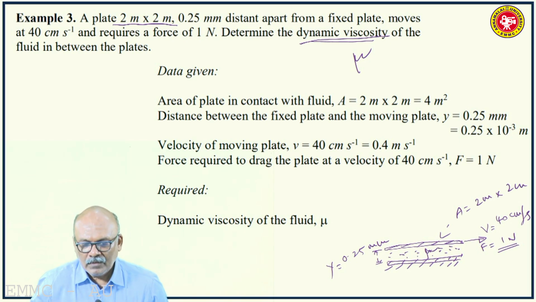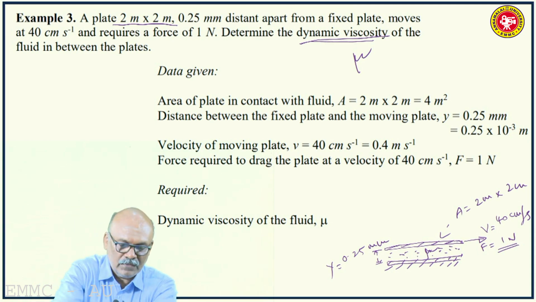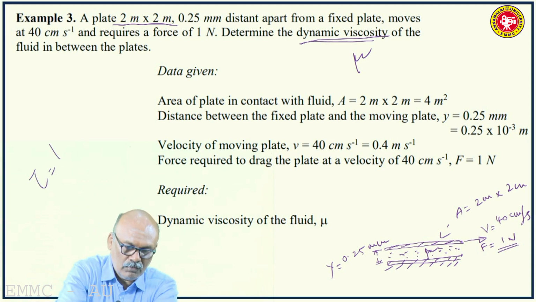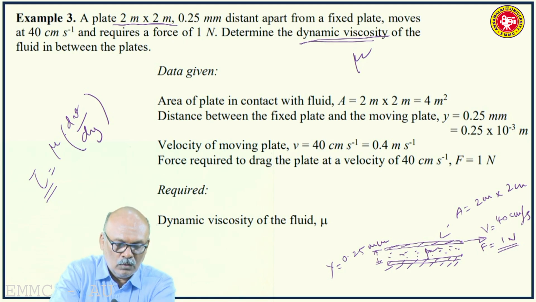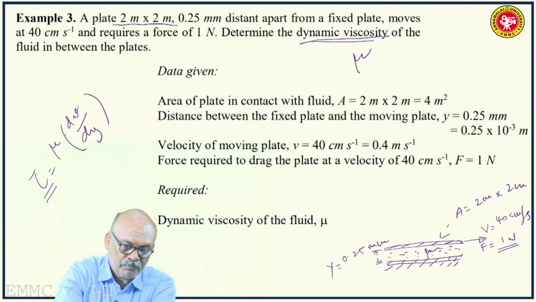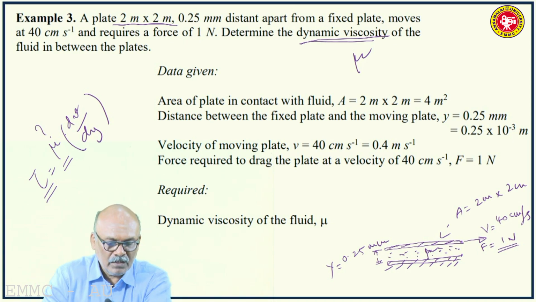So let us use Newton's law of viscosity, that is tau is equal to mu into dV by dy. Tau is the shear stress which is acting on the surface area of the moving plate. Mu is the viscosity which we have to determine, and dV over dy is the velocity gradient or the rate of angular deformation of the fluid.